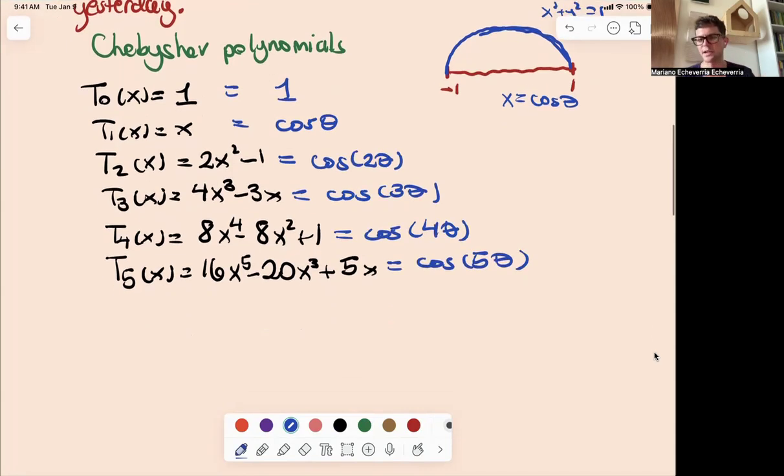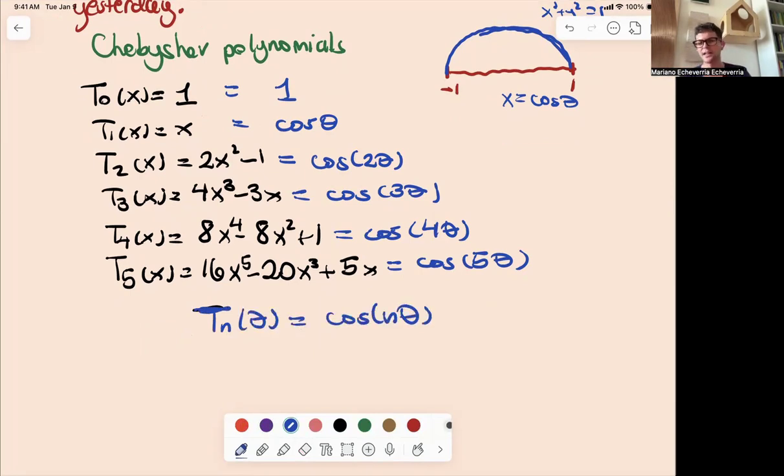In general, it's easier to say what the formula is in terms of the angle theta. The formula in terms of the angle theta is cosine of n theta.